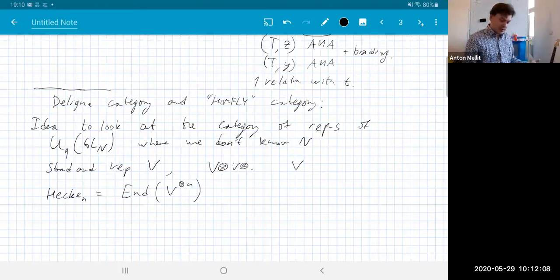So you have this artificial category with one object and its tensor powers, and since you know all the endomorphisms, this is a way to think about the Hecke algebra without knowing what capital N is.